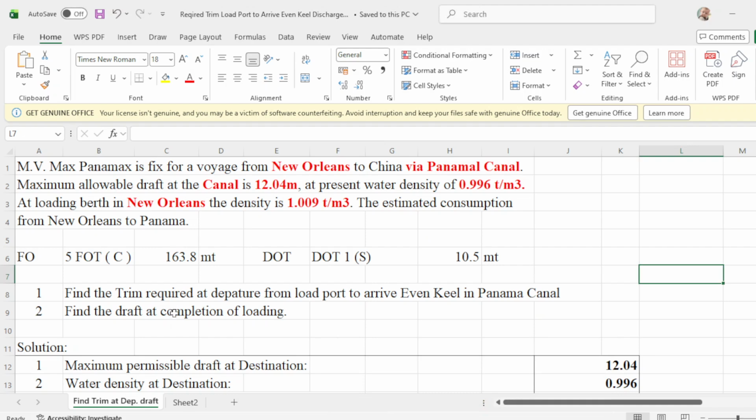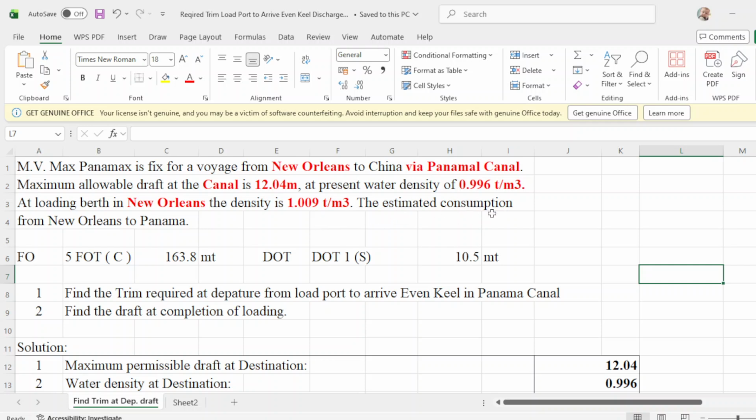It's the same voyage from New Orleans to China via the Panama Canal. The limiting draft in the Panama Canal is 12.04 meters, and the density in the Panama Canal is 0.996 tons per cubic meter. At New Orleans, the density is 1.009 tons per cubic meter.